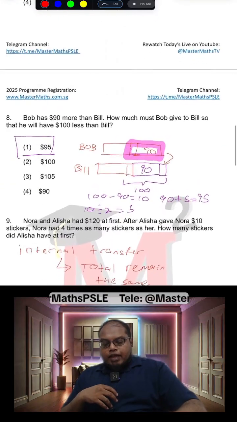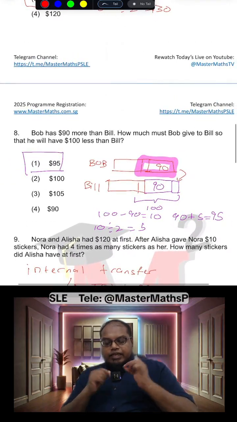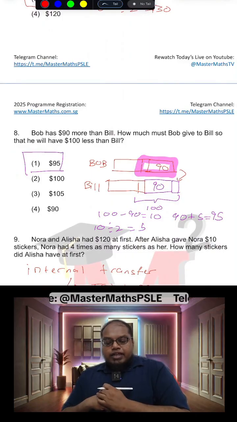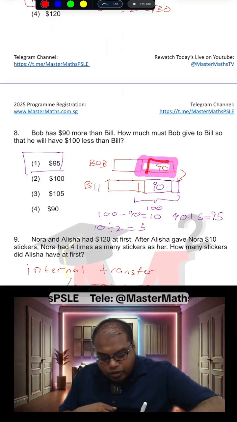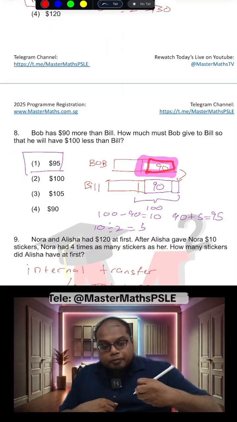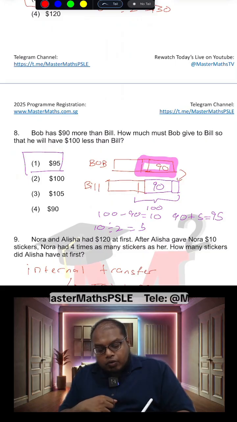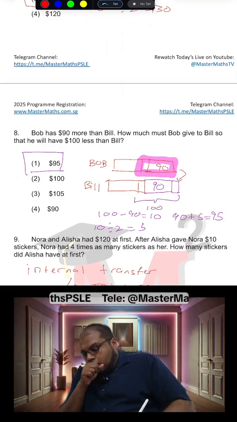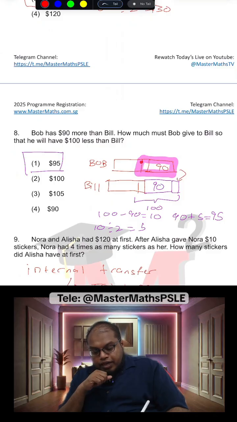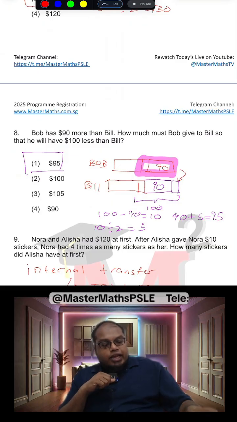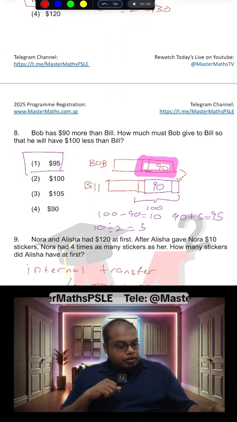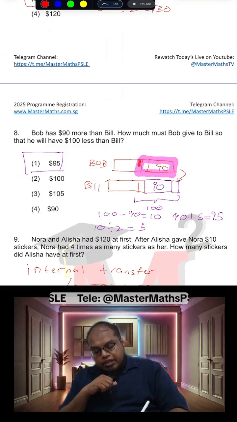Now question 8. Question 8 was a slightly challenging one. Bob has $90 more than Bill. So initially we got this $90 more than Bill. Now if I cut out an amount that is extra than 90, I must cut the amount there also. Once I cut the amount there, I transfer to the bottom.